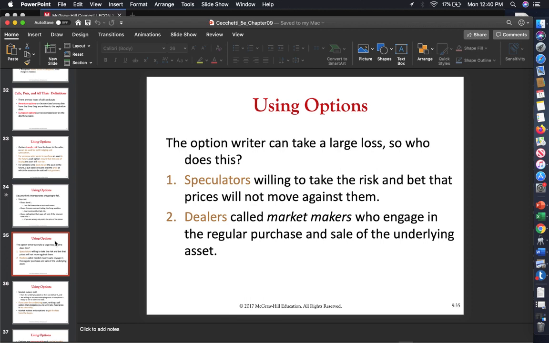And so it can be essentially a speculation. If the price of Apple stocks is currently, let's say, $100, and I believe the price goes above $100, I can buy those options and make a huge profit.